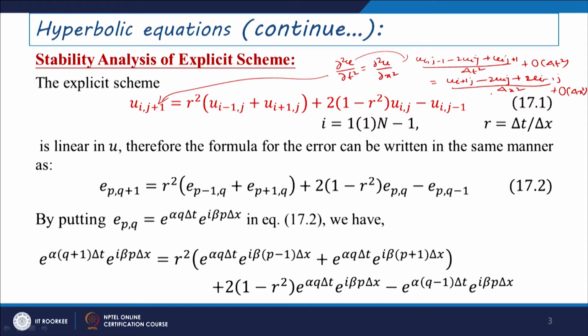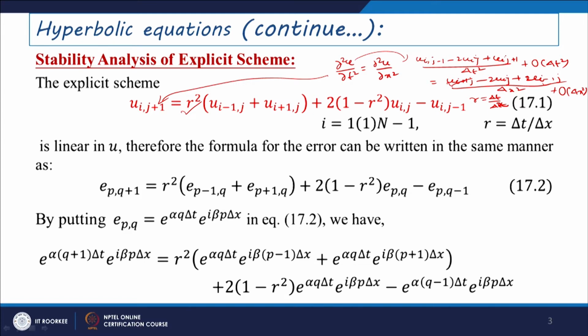If we consider r equals del t by del x and neglect the higher powers here, then we can write u i j plus 1 equals, since it is defined as del t by del x whole square, that is why r square comes into the picture, r square into u i minus 1 j plus u i plus 1 j.